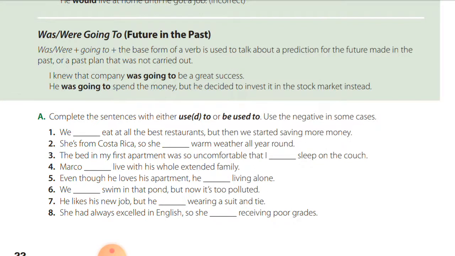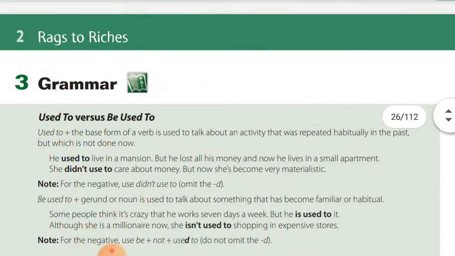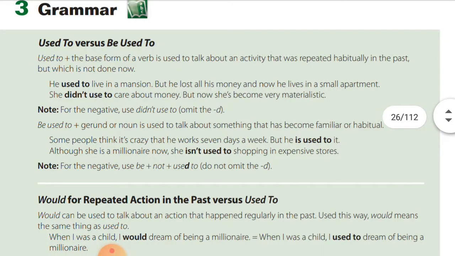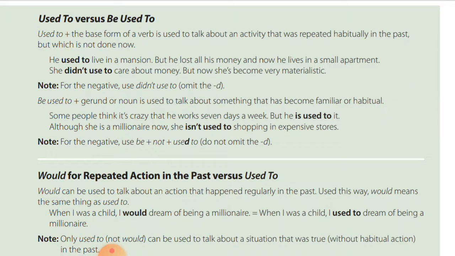Okay, so we can make it short for our lesson today in 3 points. We use used to to express past habits that we don't do now, and be plus used to plus the gerund or the noun to express a habit began in the past and lasts until now.